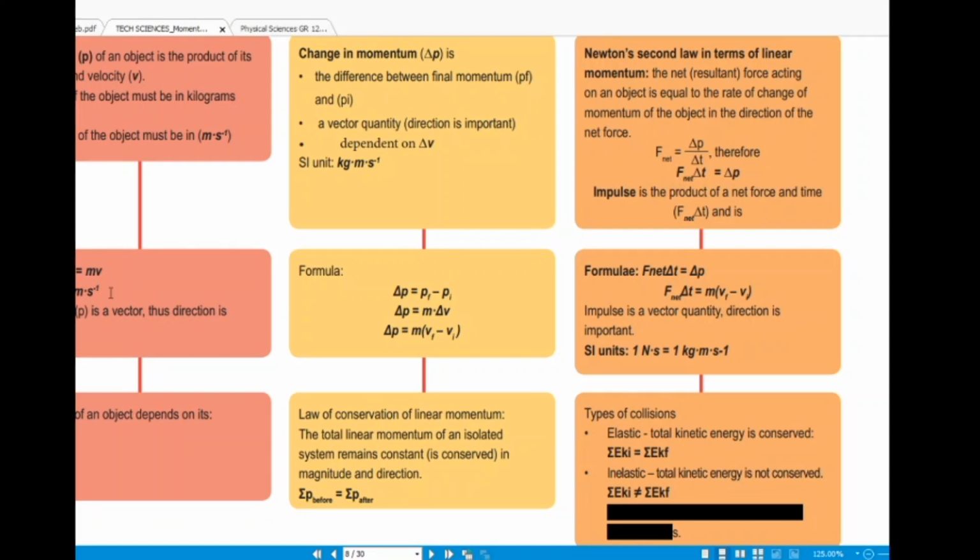meters per second. Okay, momentum is a vector quantity, therefore direction is important, and momentum depends on mass and velocity.